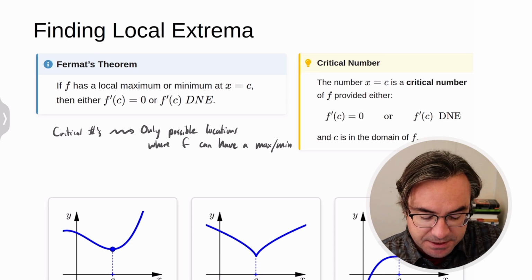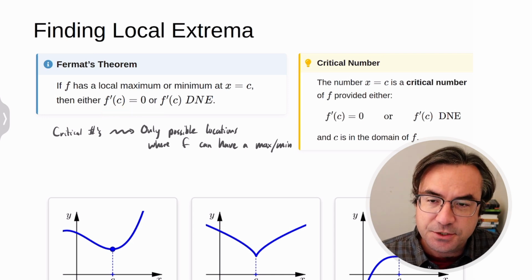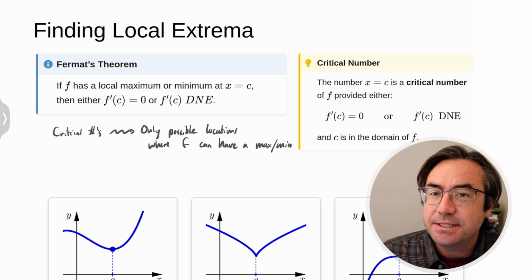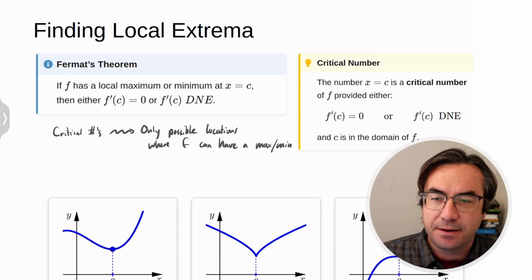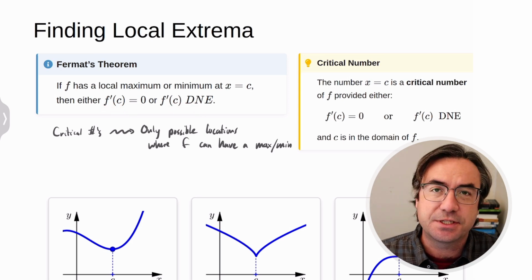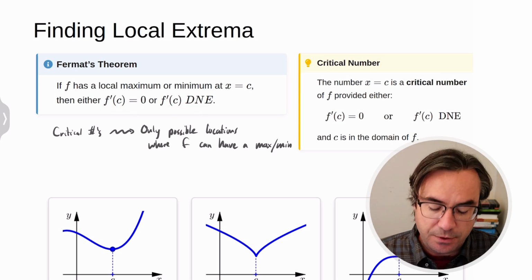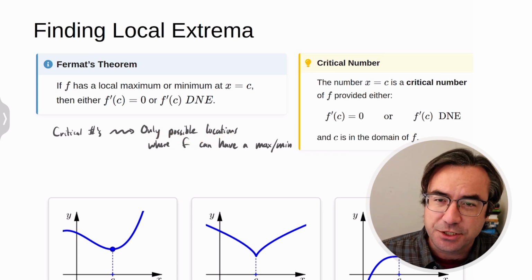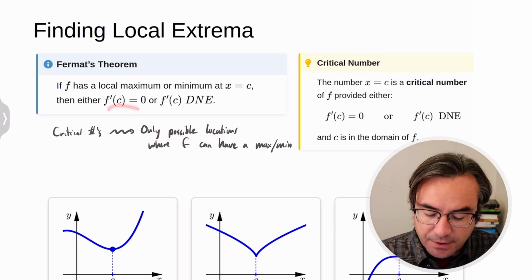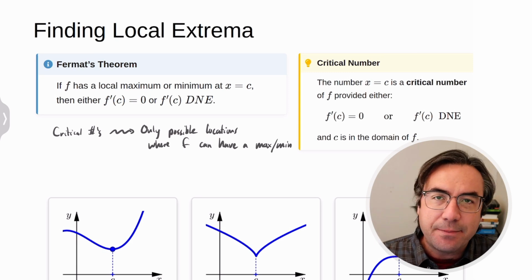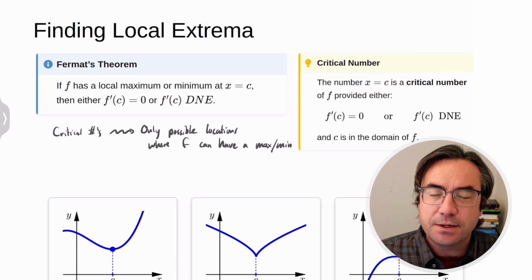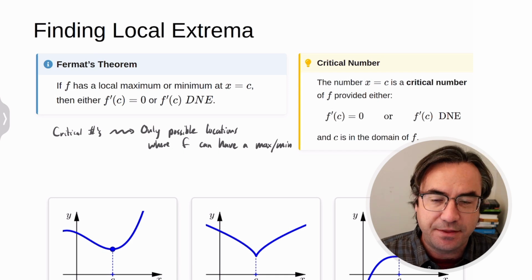But what this doesn't say is we're not necessarily guaranteed to have a max or min if these conditions are satisfied. So they're only the possible locations. It's possible we have a critical number where it's not a max or min. So we want some way to be able to classify these.